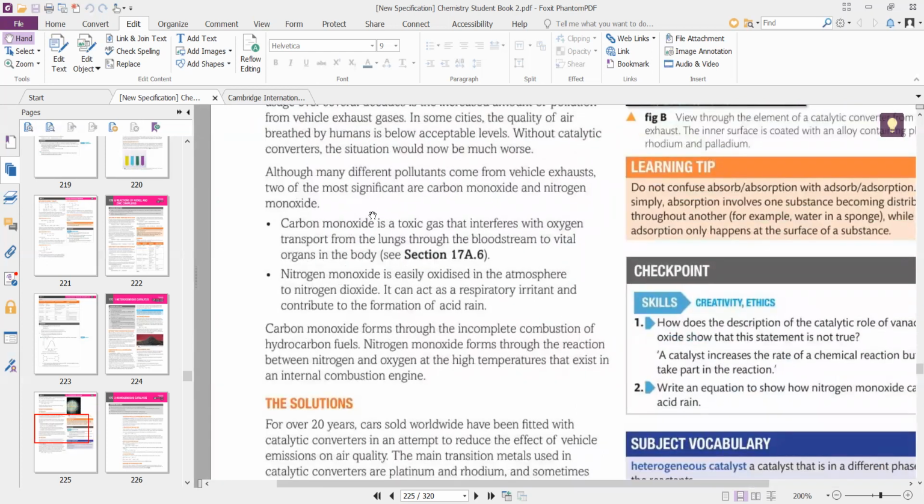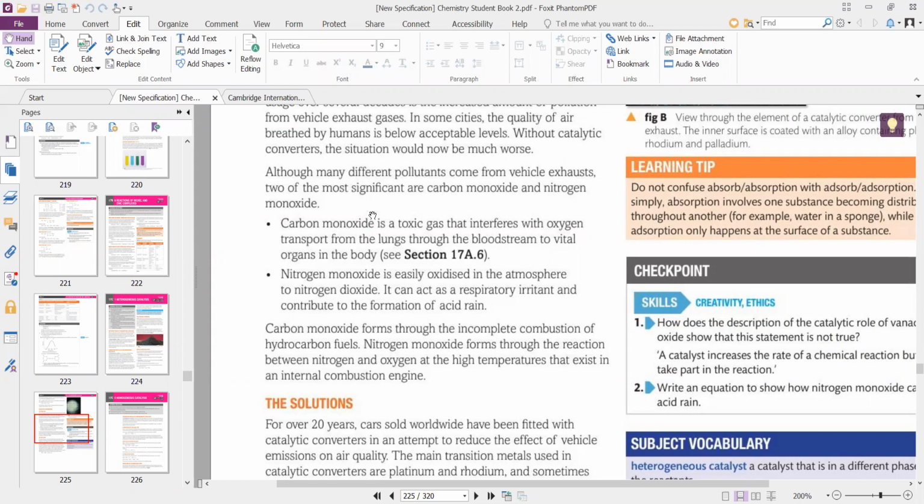There are 2 major pollutants in vehicle exhaust.